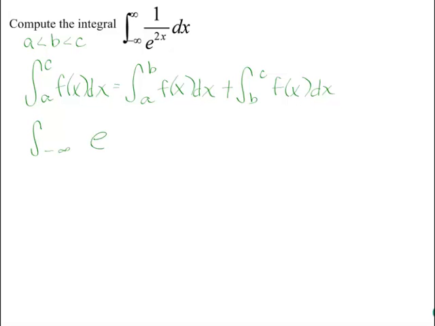I'll rewrite my integrand like so. We are going to split the interval from negative infinity to positive infinity over some interior point that we are guaranteed lies between negative and positive infinity.